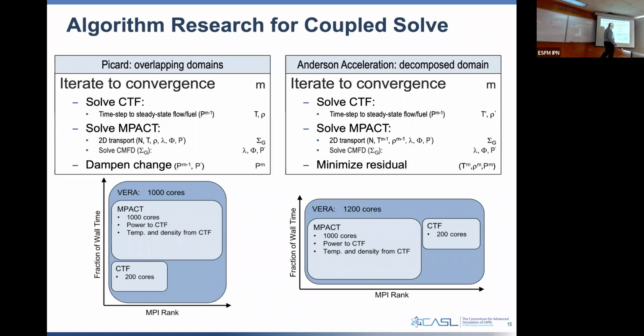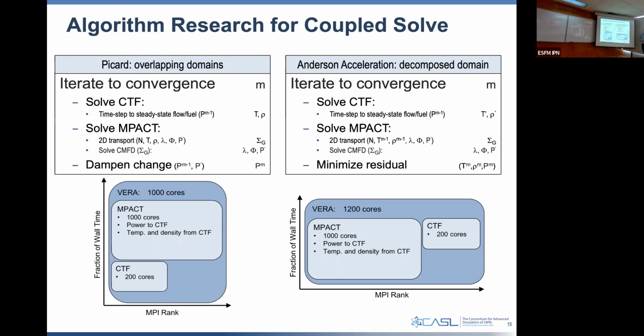The idea in Anderson acceleration is if you have multiple instances of a solution, then you can take a look at multiple of those instances and what the approximate error was in each of those solutions.